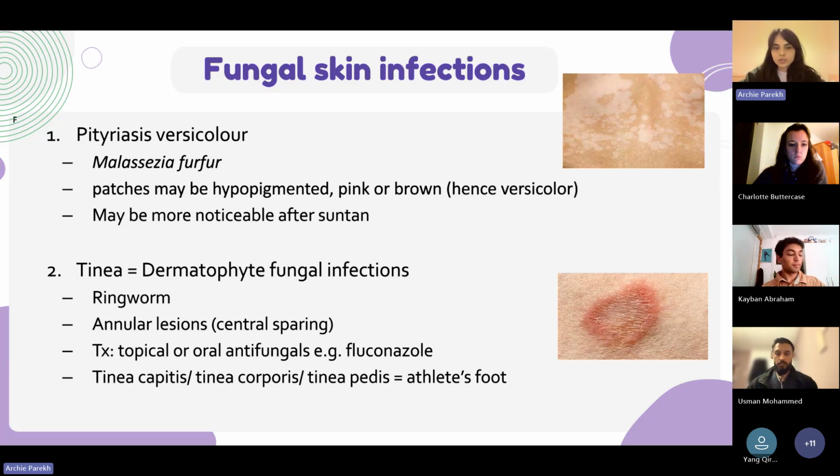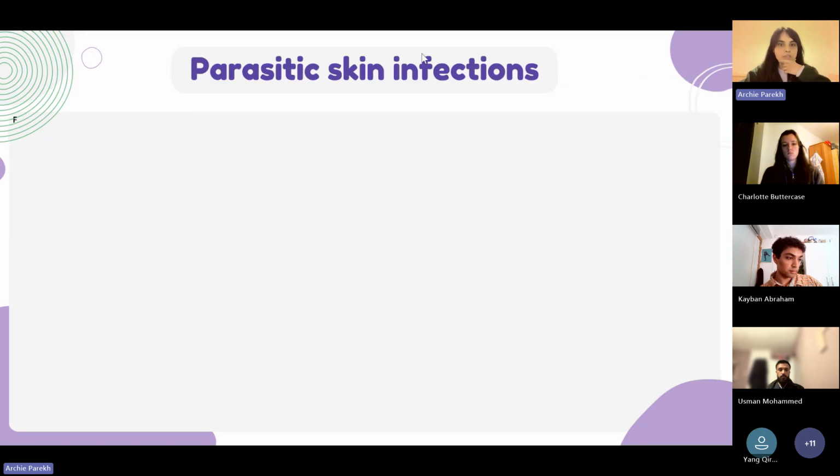And then you'd give them topical antifungals like fluconazole. Athlete's foot is also a type of dermatophyte infection. Pityriasis versicolor is caused by Malassezia furfur, which is when you have hyper or hypopigmented patches of skin. There's no treatment indicated for this. It's quite conservative and self-limiting.